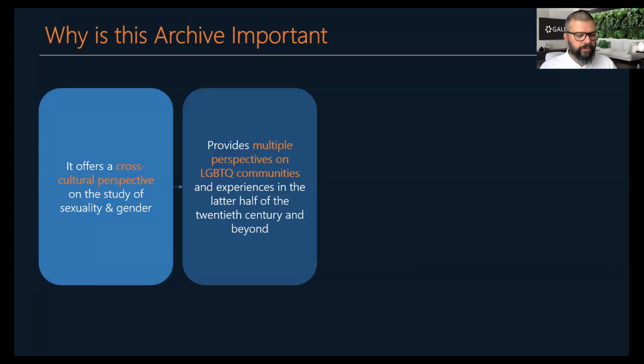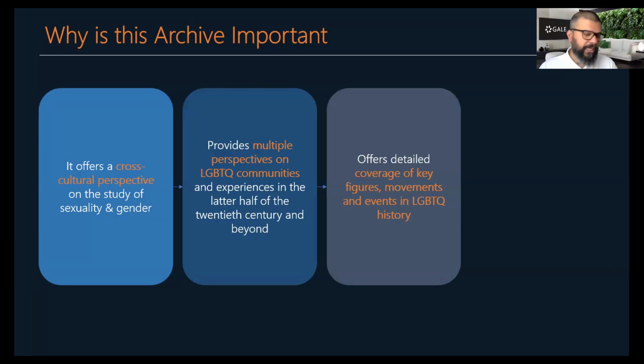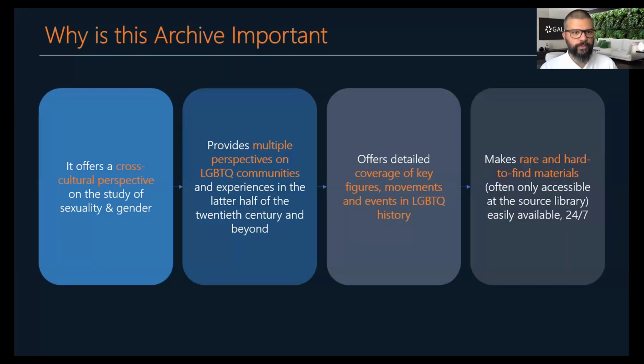It covers the different organizations and individuals that have pioneered or worked towards equal rights, so to speak, for LGBTQ communities. Some key moments in LGBTQ history are also covered here, which is really important.